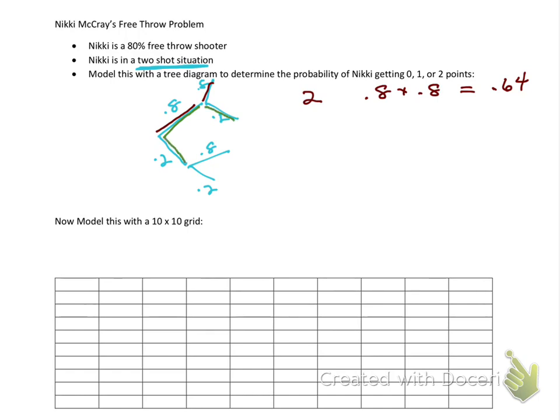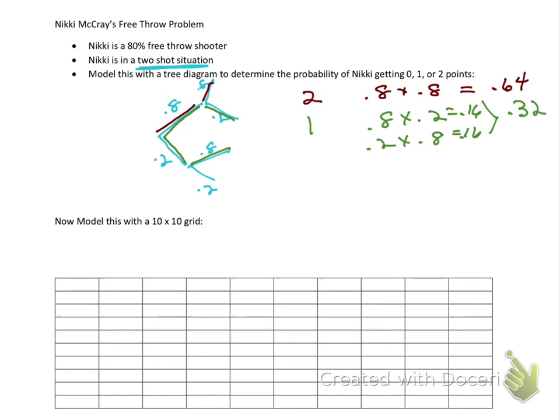Misses the first one, makes the second one. Both of those scenarios will give her 1 point. So that's 1 point, and both times it's either going to be 0.8 times 0.2 or 0.2 times 0.8. Those are both 0.16s, and you add those vertically, so that's going to be 0.32.